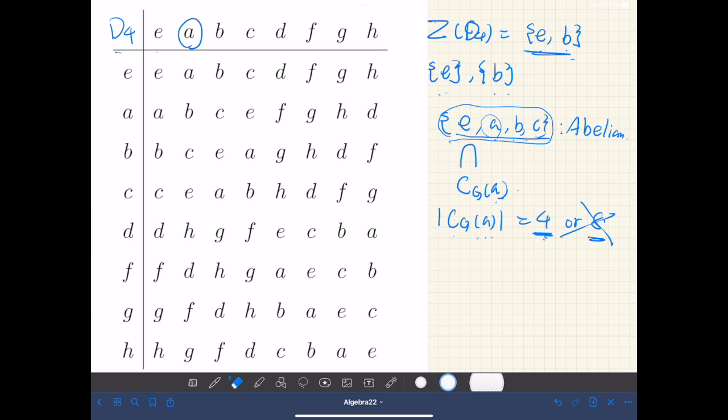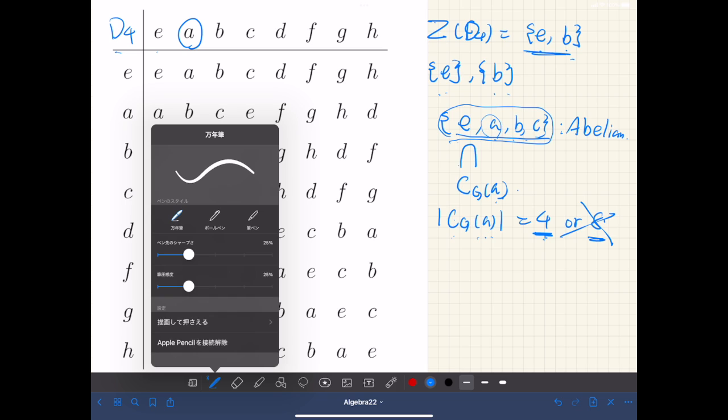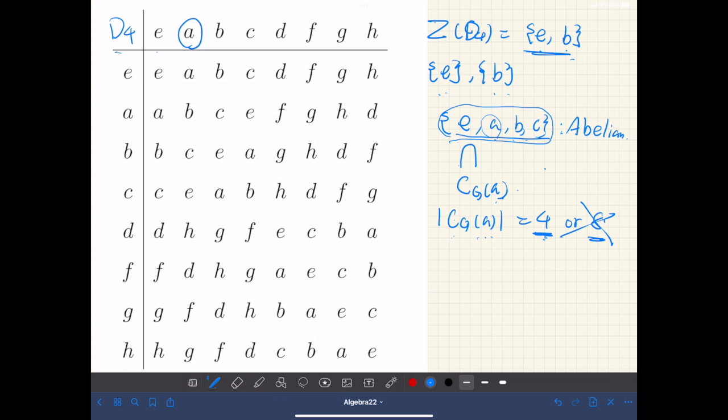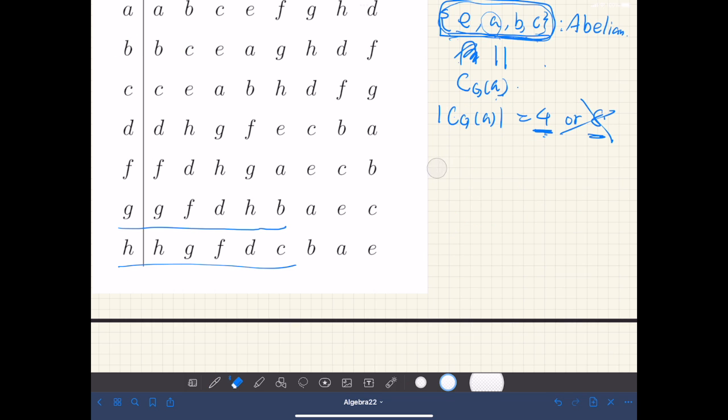So the order of the centralizer of A must be 4, and then this is not just a subset, but it is actually equal. So the centralizer of A is E, A, B, C.